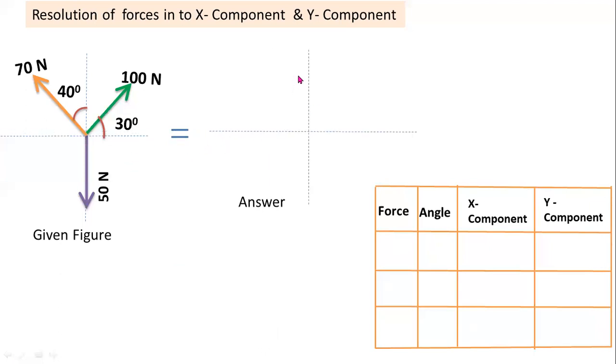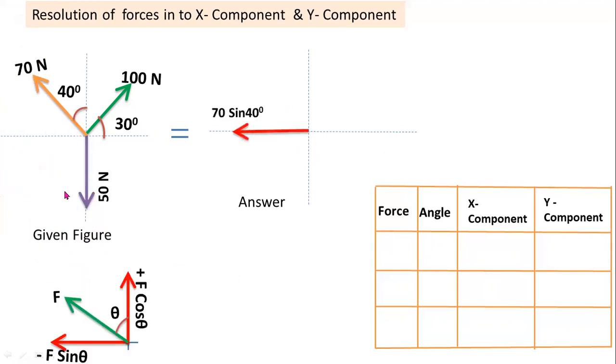First you have to draw the horizontal and vertical axes. Now I am drawing this vertical force as it is. Here I want to convert this 70 newtons force into horizontal and vertical forces.